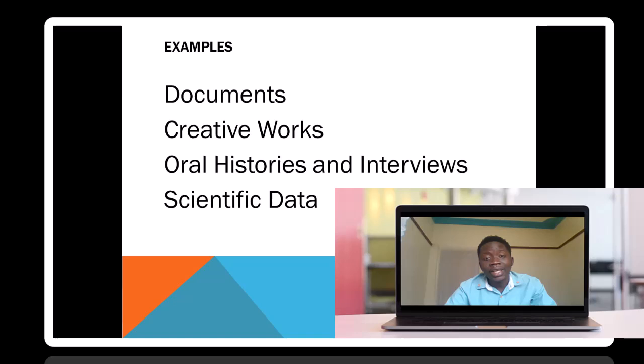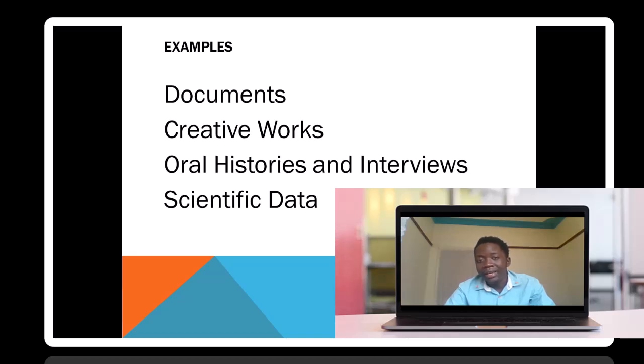We have also scientific data. The scientists, the data they collect, where they get it from, they become the primary sources. So with scientific data, when I go to some place and I start looking around, then I tell you, hey, there's this stone that looks like this. What makes this stone look like this?